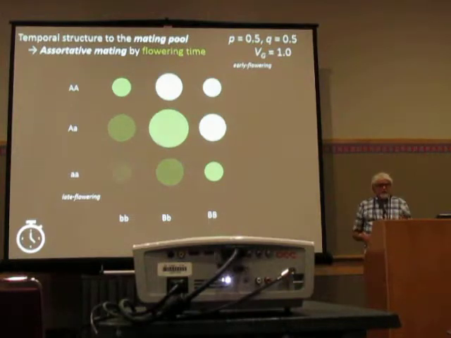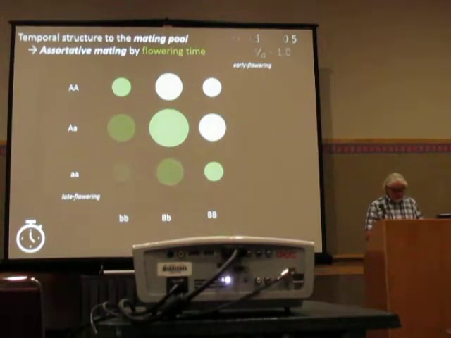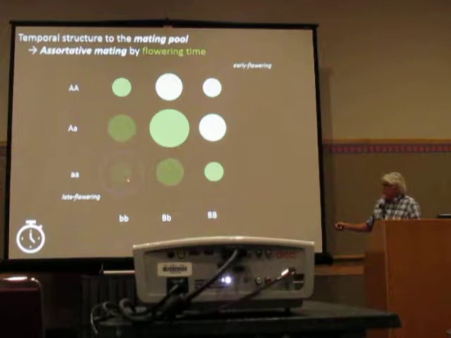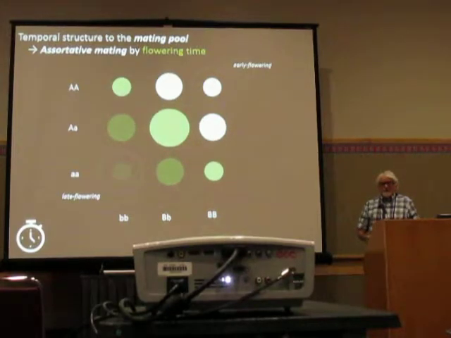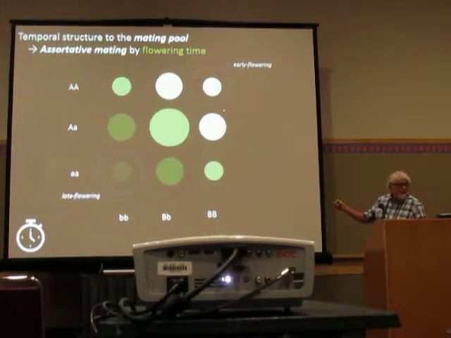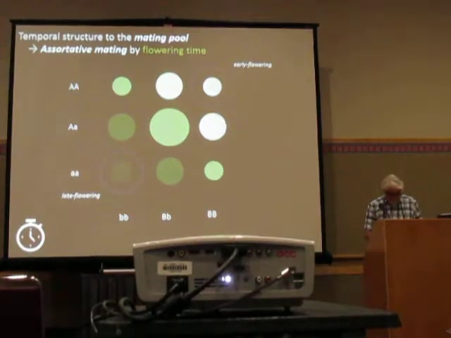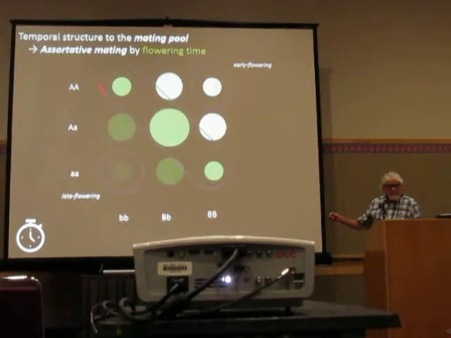If we assume a situation in which assortative mating is perfect, then you would get a mating pool down here, so that little a, little b homozygotes mate with one another. What do they produce? Little a, little b homozygotes. Up here, big A, big B homozygotes. But in this band right here, they all are phenotypically the same.